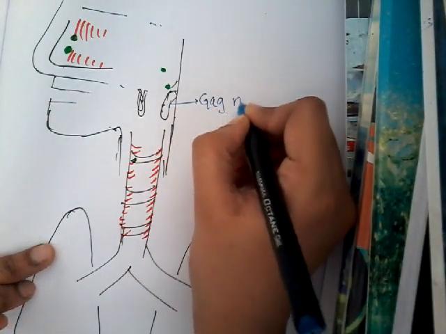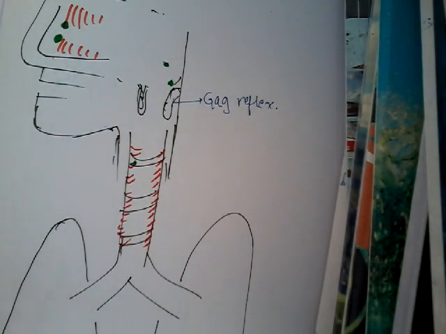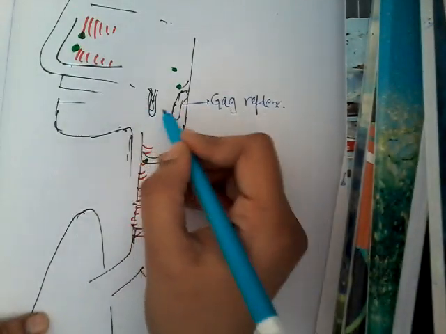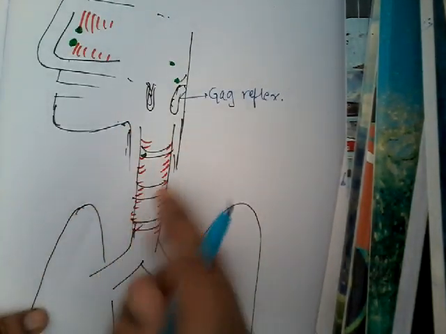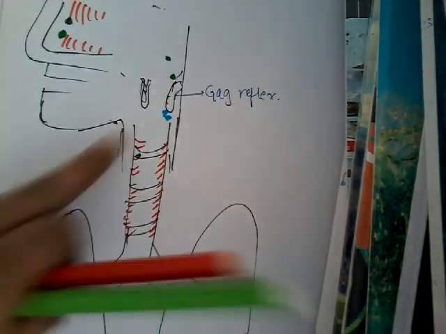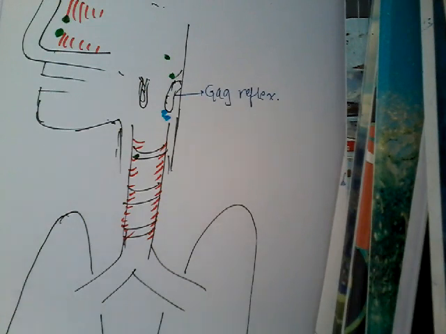This gag reflex also protects us from aspirating fluids. Whenever fluid, instead of entering into the esophagus, tries to enter into the trachea, then there will be a gag reflex, and thus the person coughs, and the aspirated material will also come out. So this is one of the protective mechanisms.